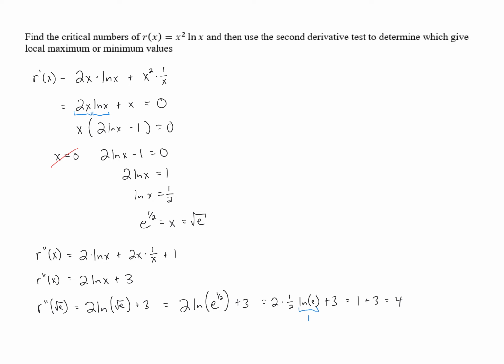Since the second derivative is positive, that is concave upward, it's smiling as a graph, and so that means it is a local minimum. So we have a local minimum at x equals e to the 1/2, or we could write x equals the square root of e. Either way, that is the critical number that gives us a local minimum.